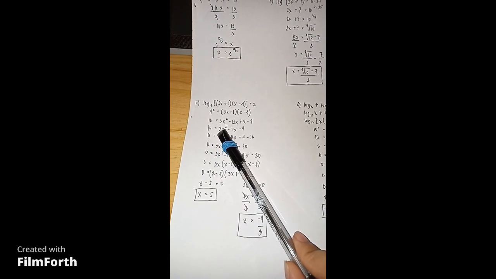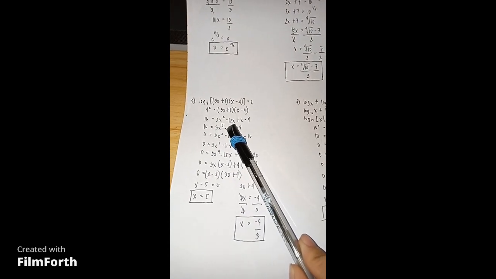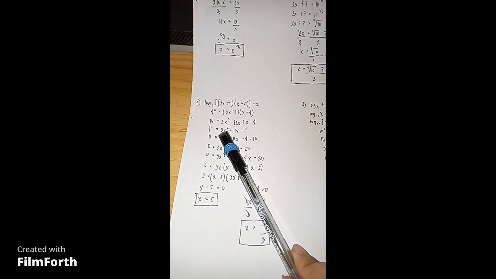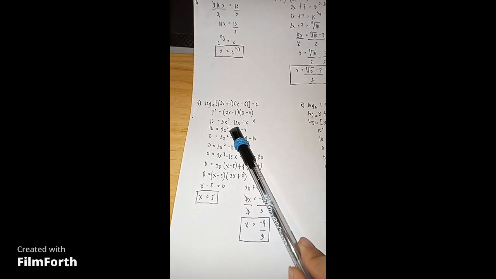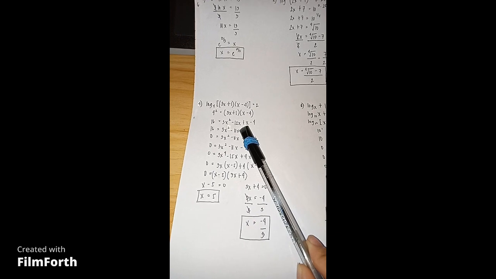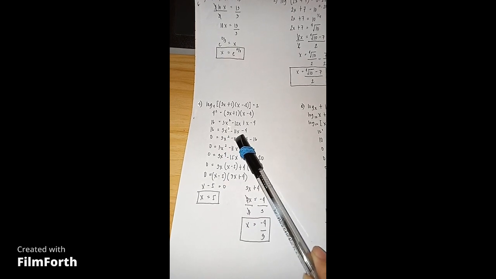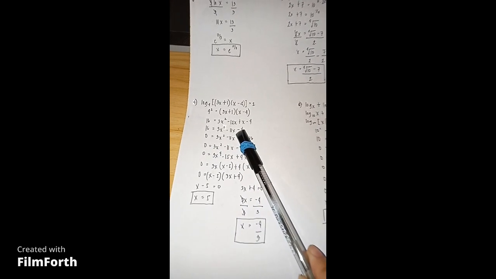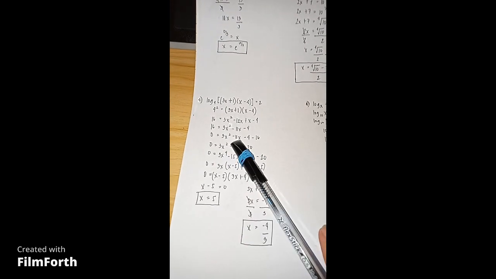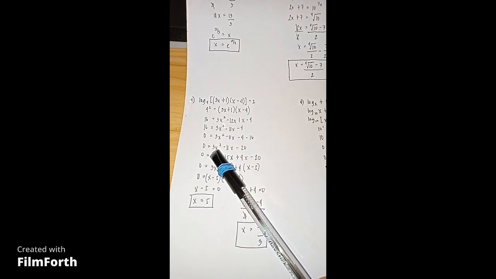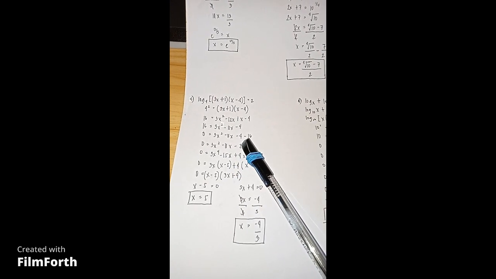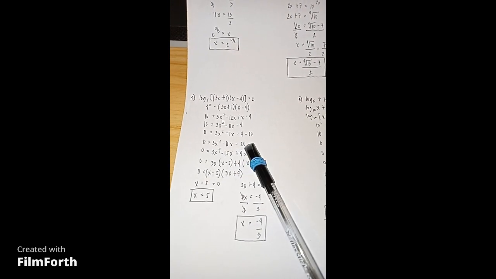So copy 16 and then add or subtract those that have the same variable. So copy the 3x squared, and then negative 12x plus x is equal to negative 11x, and copy negative 4. So the 16 transposed to the left will be negative 16. So copy the 3x squared and negative 11x. So negative 4 minus 16 is negative 20.